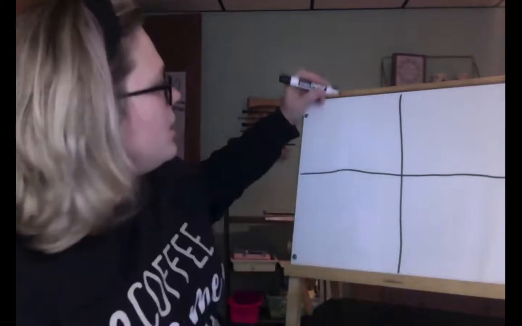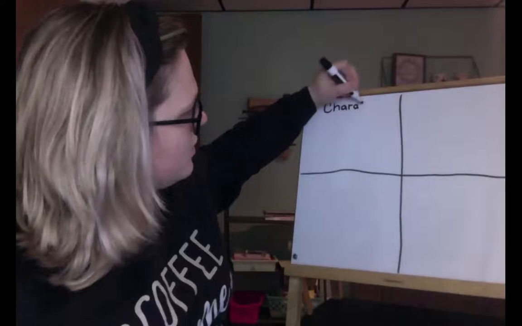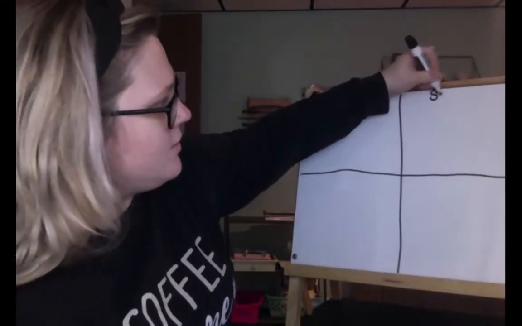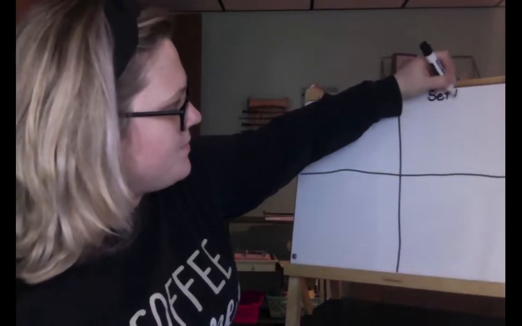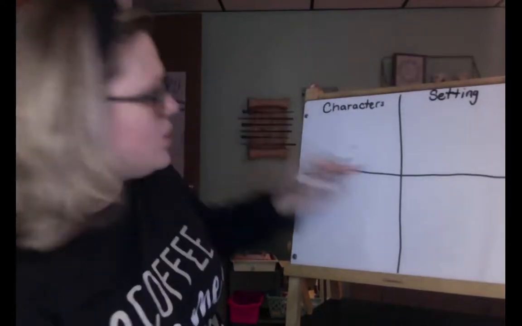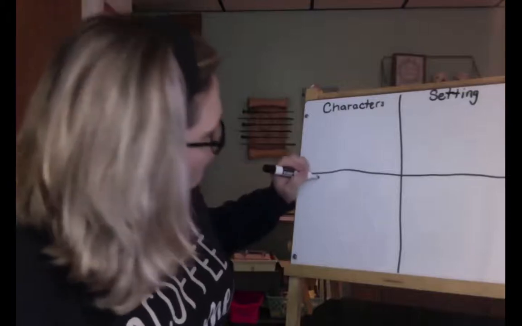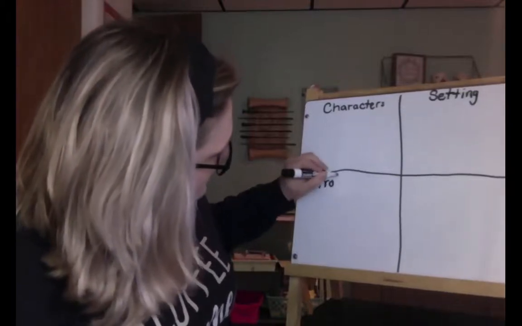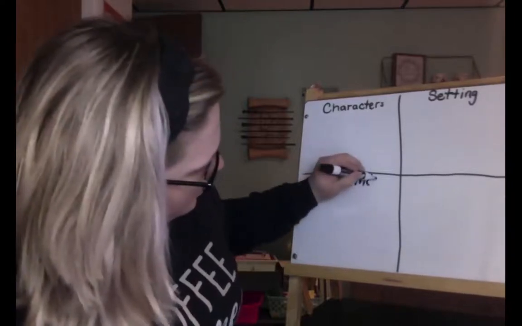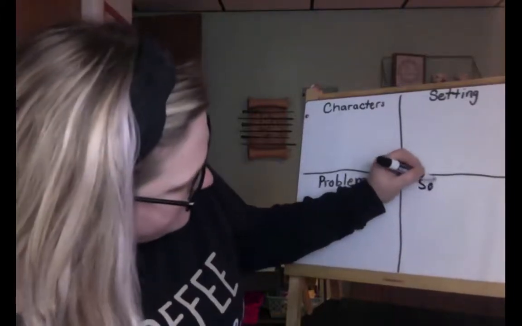In those sections, I want you to write characters, setting, which is where those events are taking place, problem, and sometimes you might uncover more than one problem, and solution.